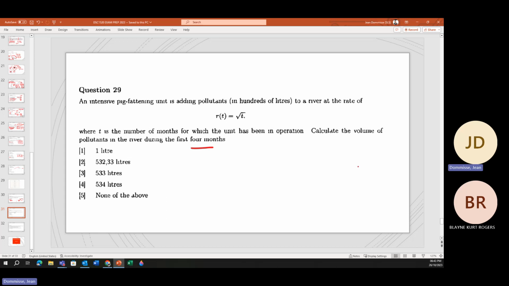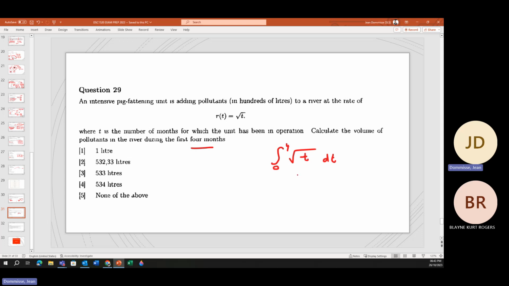Okay, so basically what they want us to do is this. So we first need to get what the integral is.